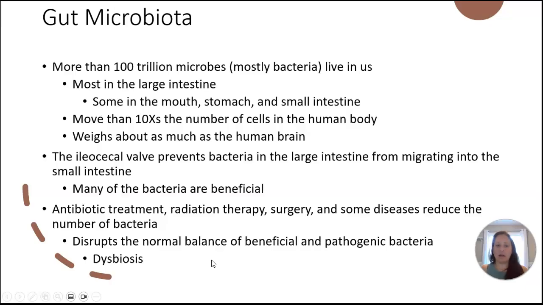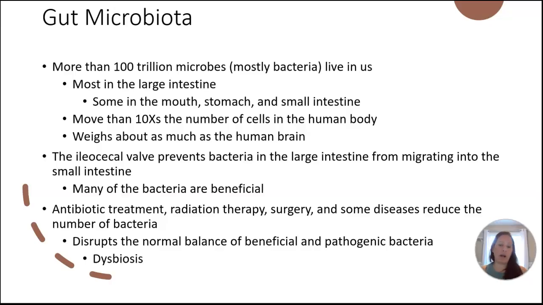So let's talk about the gut microbiota. This is part of your microbiome, which is your complete bacterial symbiotic flora of your body. More than 100 trillion microbes, mostly bacteria, live in our gut, mostly in the large intestine.